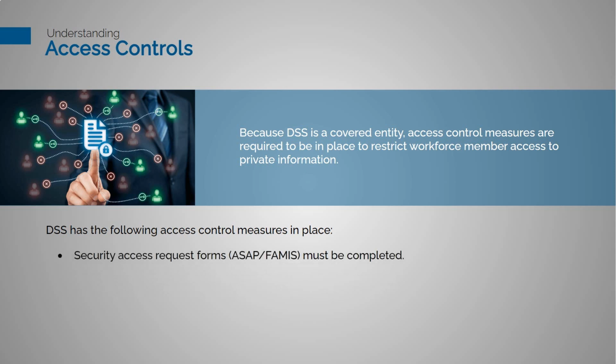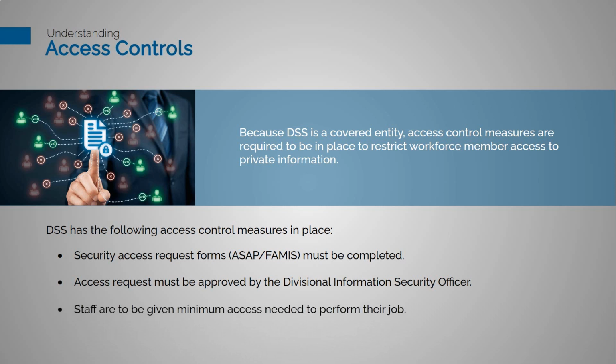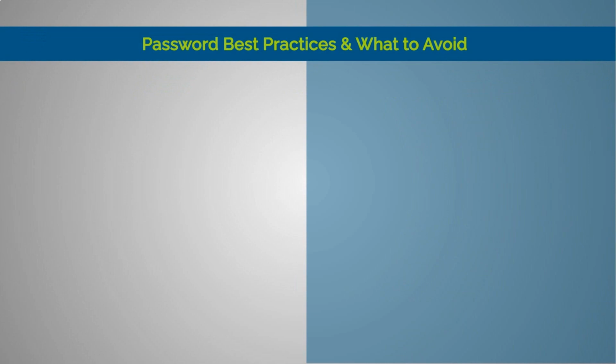Security access request forms must be completed and submitted. Access request forms must be approved by the Divisional Security Officer. Only the required minimum access to PHI and PII will be granted to staff. Automatic system locks have been put in place. Multiple DSS systems require a password, and each workforce member sets their own password.